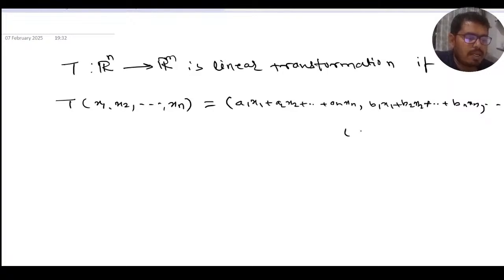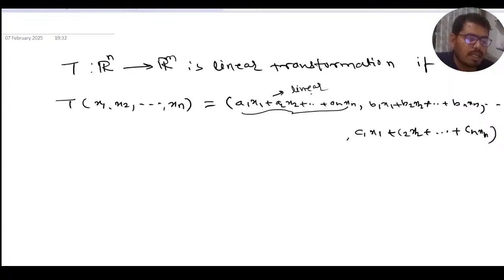That time we take c1 x1 plus c2 x2 and so on up to cn xn. After the mapping, each tuple should be linear, that is, these are linear combinations of x1, x2, ..., xn.